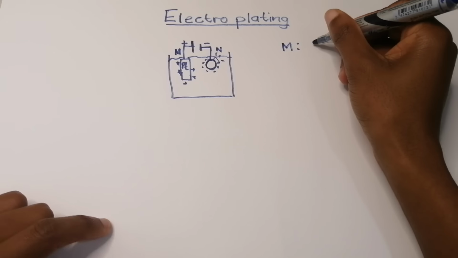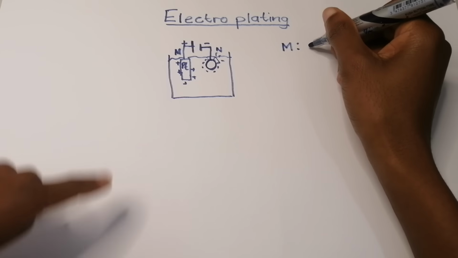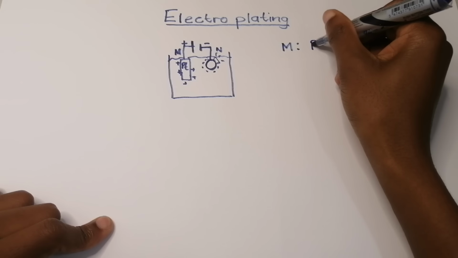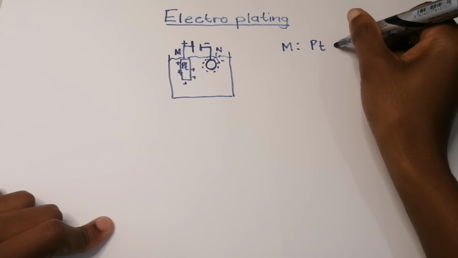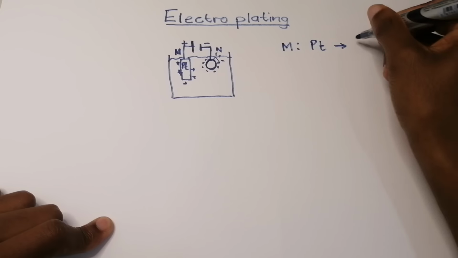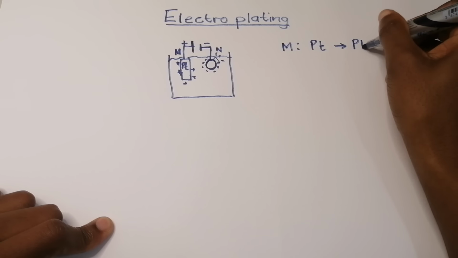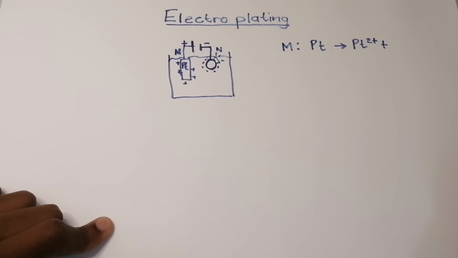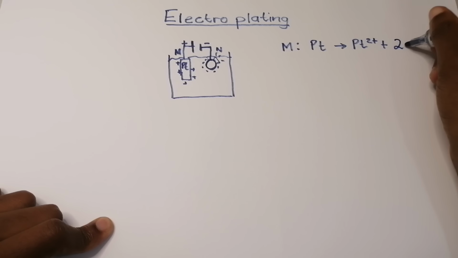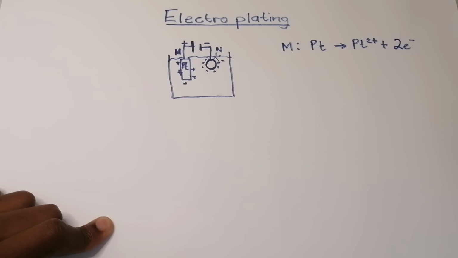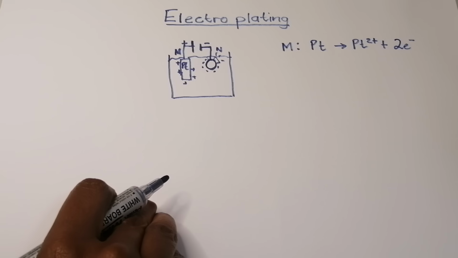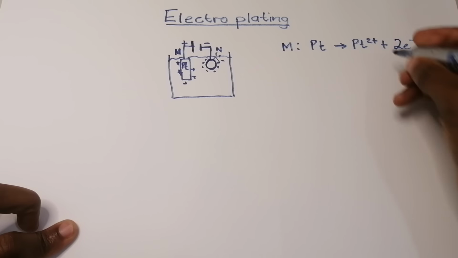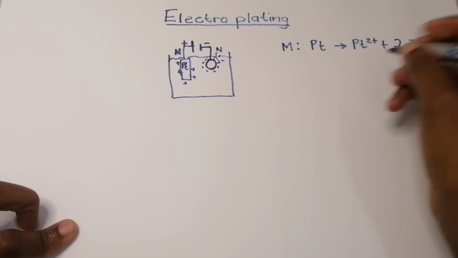At electrode M, I know that I would be taking that platinum and breaking it down. So platinum undergoes oxidation. It becomes Pt2+ by giving away 2 electrons. So it undergoes oxidation in this case, and it becomes a platinum ion.